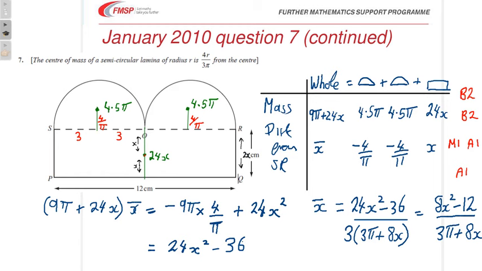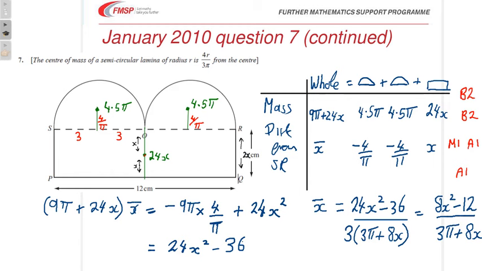Now with the radius being 3, 4r over 3 pi simplifies to 4 over pi. So these two masses then are at a distance of 4 over pi from the dotted line SR.